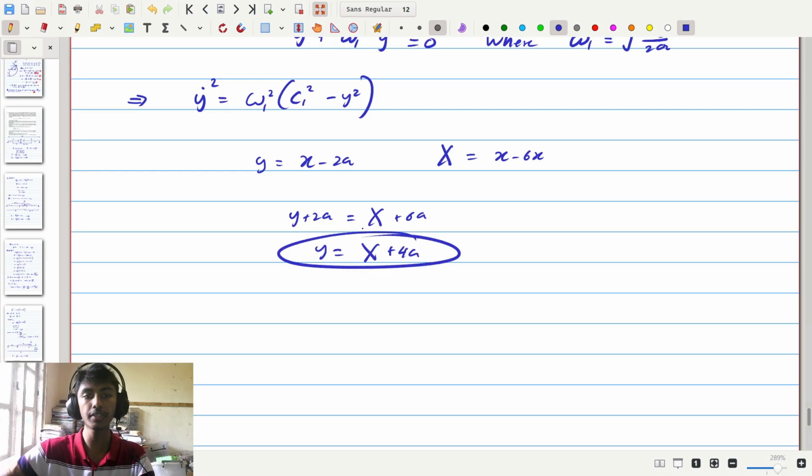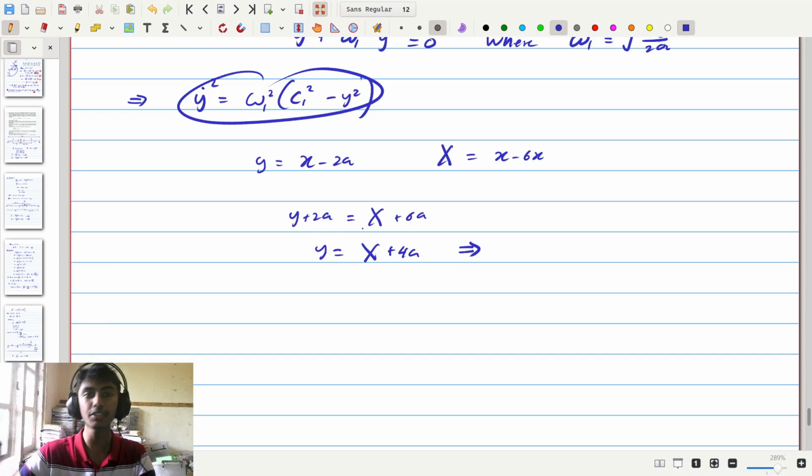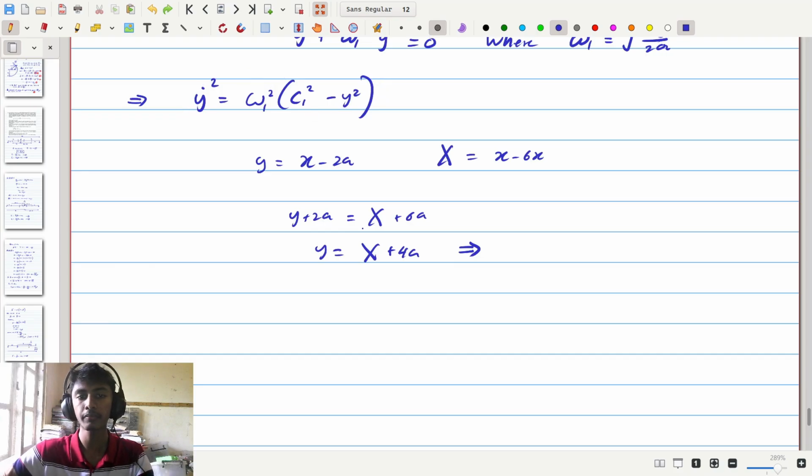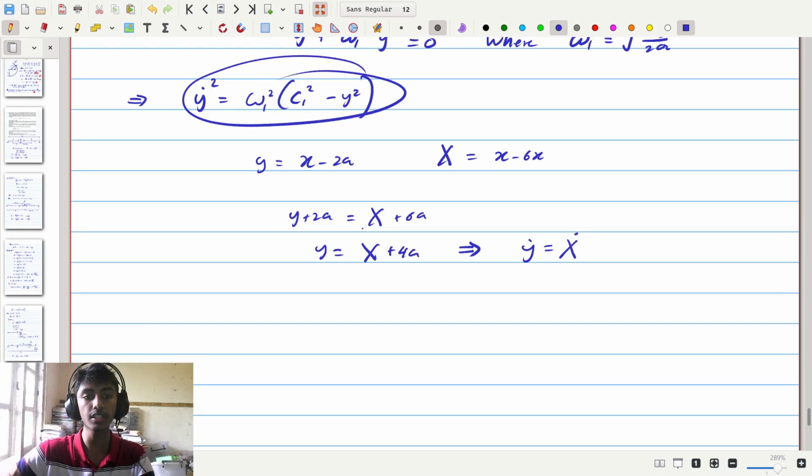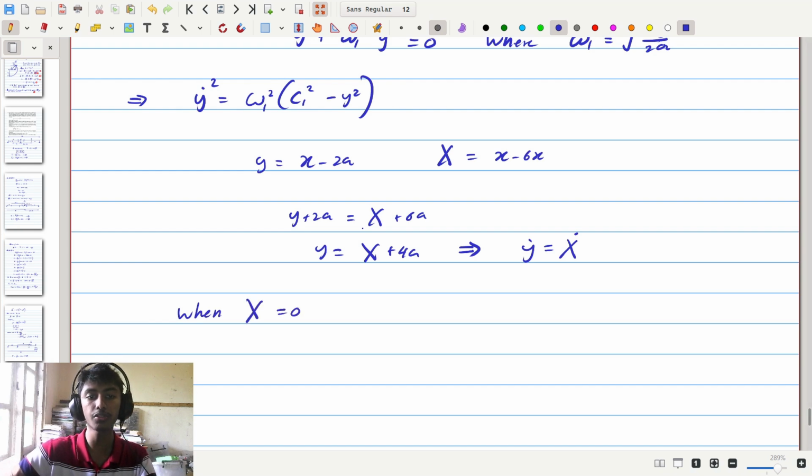Now using this, we don't actually need the second derivative, we can just take the first derivative and that's going to be enough. So y dot is equal to X dot, meaning that when capital X was equal to 0, X dot was equal to the square root of 10 ag, and the corresponding value of y is 4a, and at that point y dot was also equal to the square root of 10 ag.